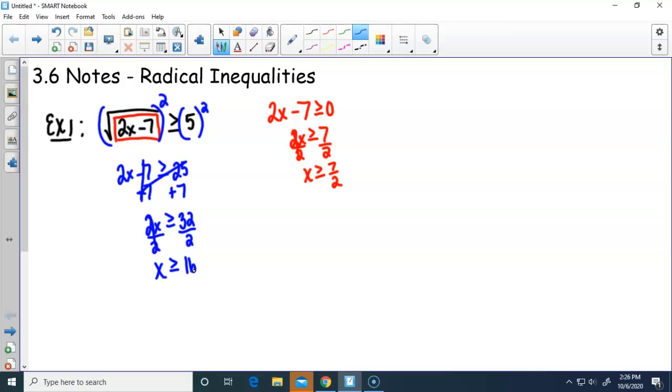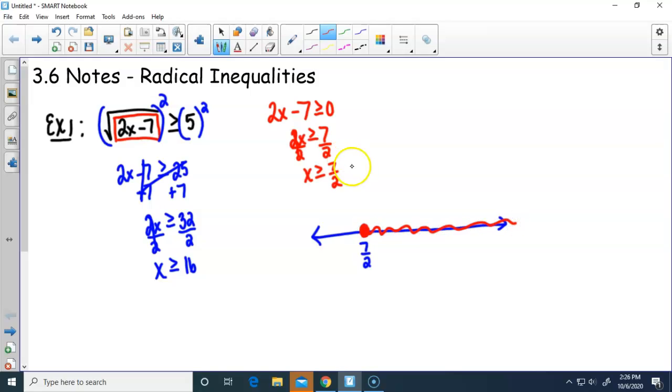And so what we want to do here for our answer is look at our answer in conjunction with our domain. So let's begin with our domain. Our domain tells us here at 7/2 that we are only going to look at numbers that are either 7/2 or above.